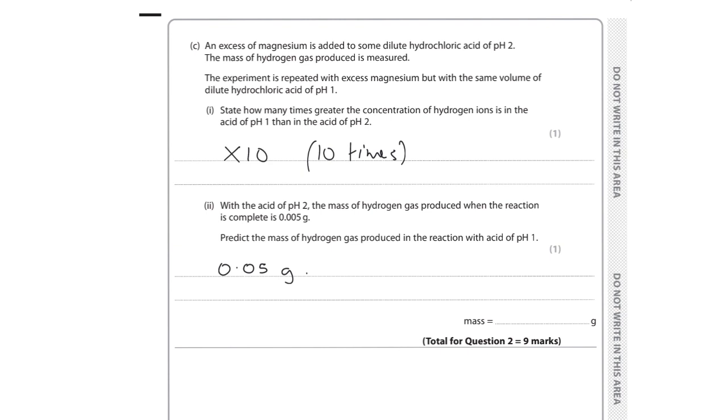Now, it did allow, if you, for example, said 2 times to part 1, and you multiplied 0.005 by 2, so you gave 0.01 as an answer, then you got the second mark, so it was error carried forward from the first part into the second part, essentially. But those were the actual correct answers.